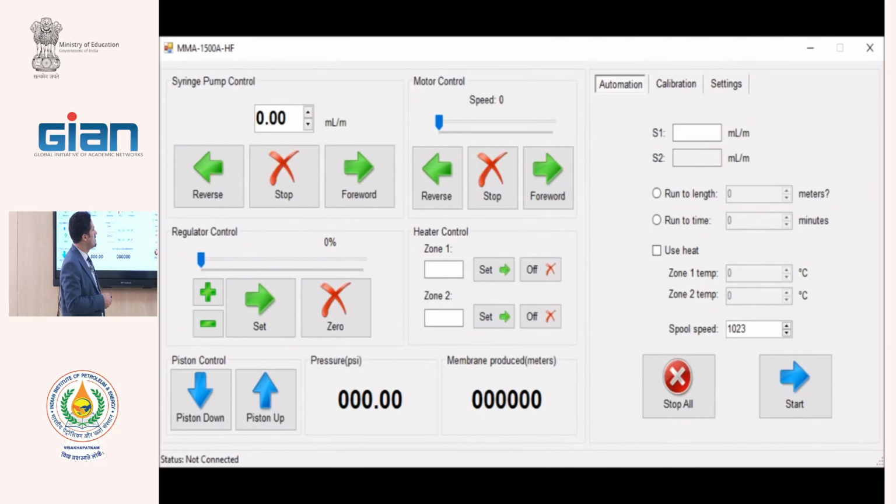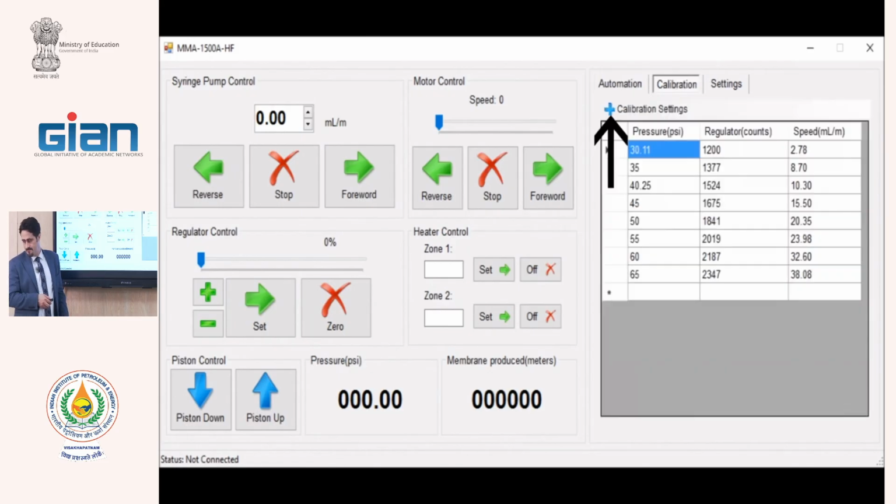We can control how many milliliters per minute of the bore fluid or polymeric solution is injected. We can also control the pressure of the pump.